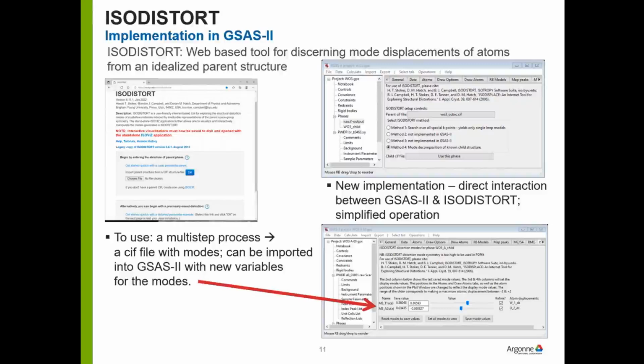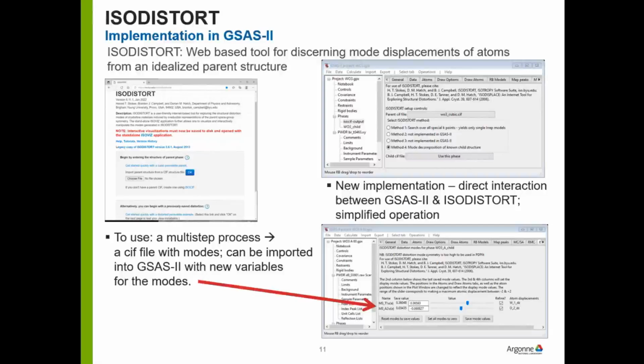It's a long, tedious process to use, because you have to feed it a CIF file and respond to it. It goes away, makes another calculation, and comes back with yet another window. You respond to that, and it goes back and forth about 4 or 5 times, and it comes back with a CIF file with the stuff that you want to know.